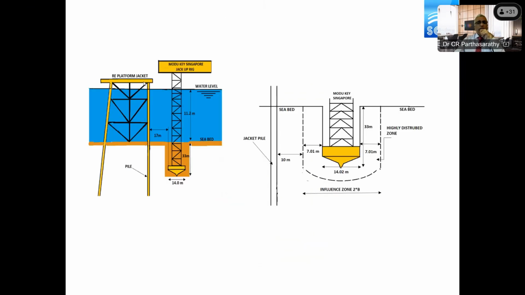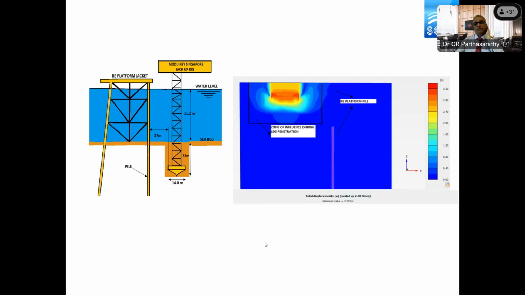And here is the geometry of the spud cans and the jacket, which is 17 meters away. And you have this disturbed zone of 2 times the width of the spud cans around the spud cans. With this as well, it is 10 meters away from the jacket, and therefore the Plaxis analyses were performed by modeling the spud cans and the pile.